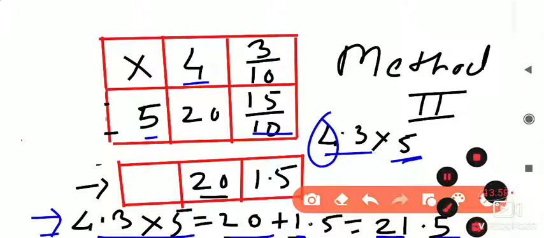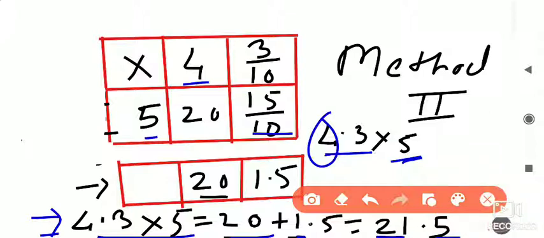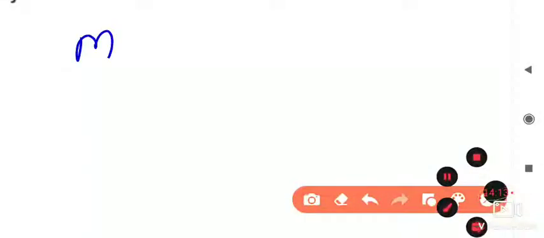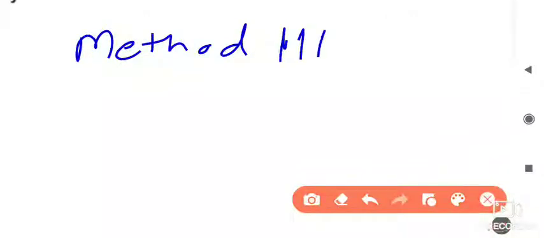Now we will see the third method. First note down all of you this. Okay. Now third method. Now method number 3. That is very easy actually. So in method number 3, what do we have to do?